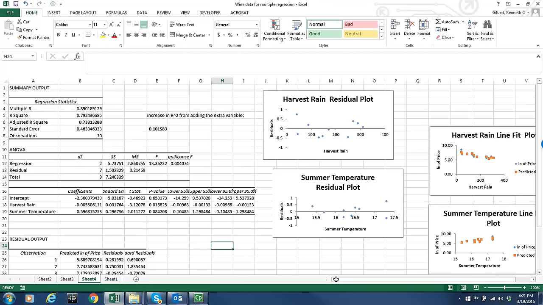So, in general, the way you build multiple regression models is you start with your most simple model and you bring in variables one at a time and you look at that adjusted R-squared to see how much improvement you get. If you get something that's practically significant, in this case 10% is practically significant, then you would keep the additional variable.